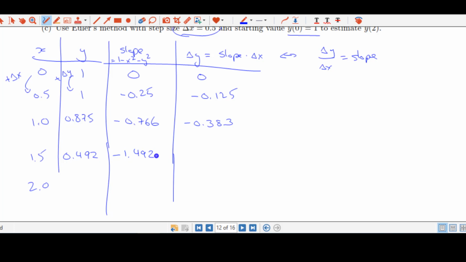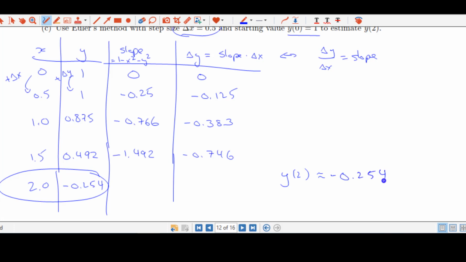And multiply that by 0.5. We get a change in y of negative 0.746. We add that to our 0.492. And we get negative 0.254. And so we would get y of 2 from this method is approximately negative 0.254.